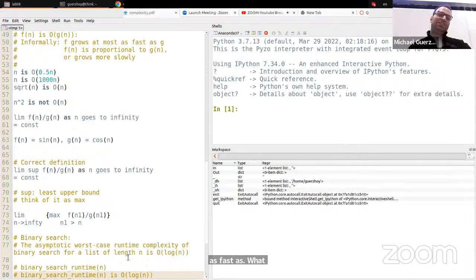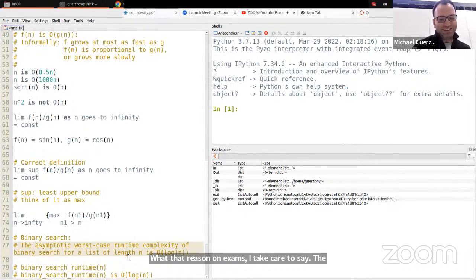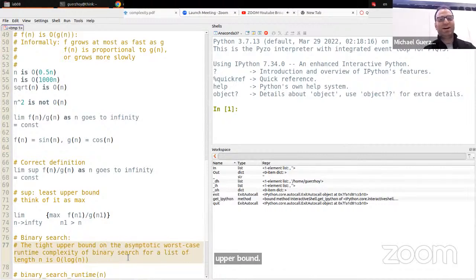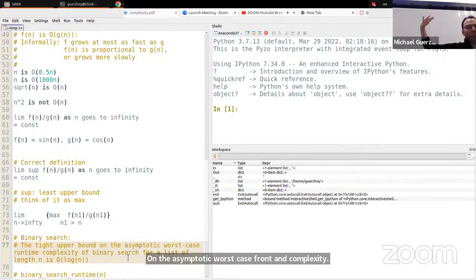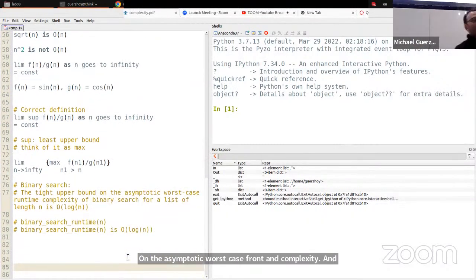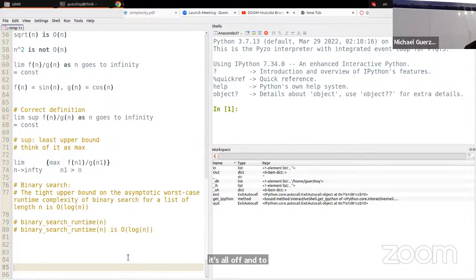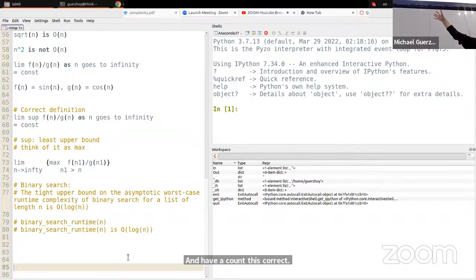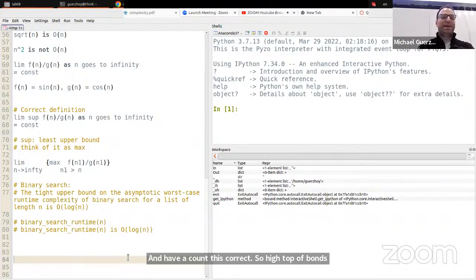For that reason, on exams, I take care to say the tight upper bound on the asymptotic worst case runtime complexity. And tight upper bound means, well, you don't get to say, oh, it's O of n to the bajillion, that ought to be enough, and have it count as correct. So tight upper bound means like, give me something reasonable. Okay.